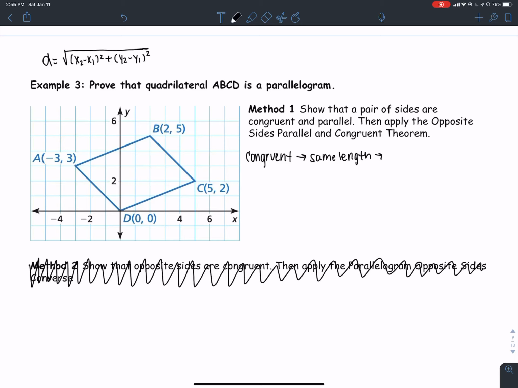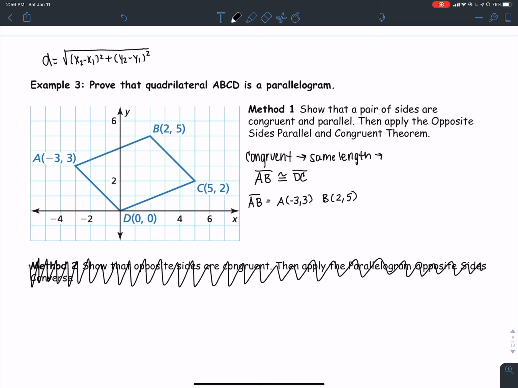So we got to make sure that AB is congruent to DC, okay? So that's what we're going to do first. Let's find the length of AB. So A is negative 3, 3, and B is 2, 5.